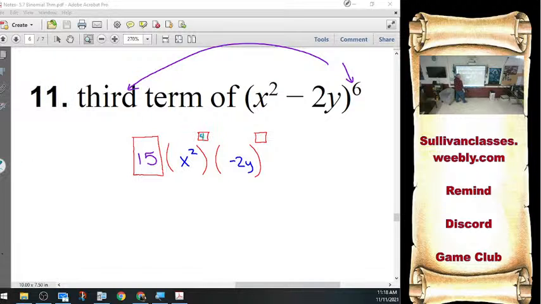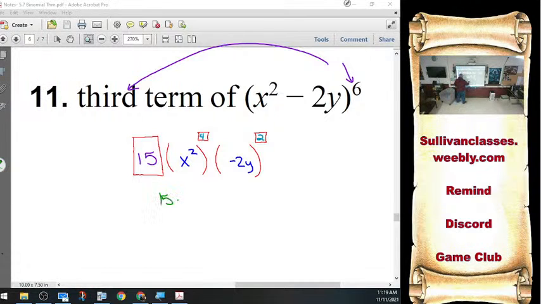Oh, you know what? Because they have to add up to 6 for total exponents. Also, personally, I find it easier to count from 0 upward instead of backwards. I say 0, 1, 2. Look, 3rd term. So I'll put something to the 2nd and then subtract to find the other one. Everyone's got a preference.